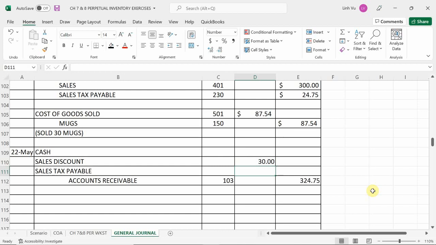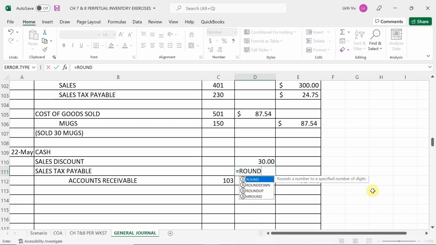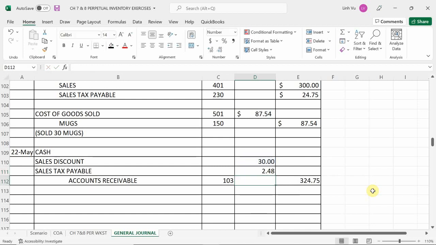Out of those $30 that we're discounting, we need to figure out how much tax money to also take back as well. Okay? So in this case, what is the tax on those $30? It's going to give you $2.48. So then now, how much should customer B actually give me in cash?